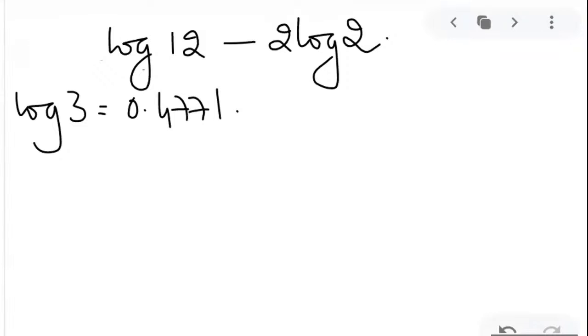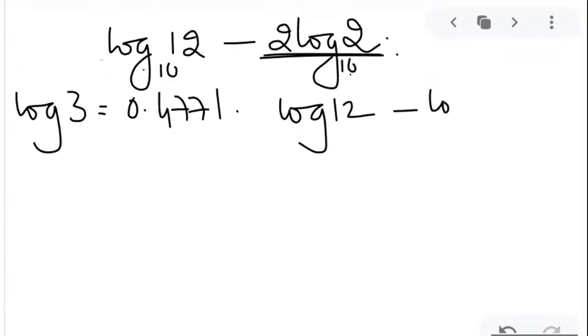Anyone? Yes, ma'am, tell me. What is the first thing you do? This is in the form of log 2 square base 10. When I'm not writing the base, it means that it is 10 automatically. Very good. So log 12 minus log 4 base 10.